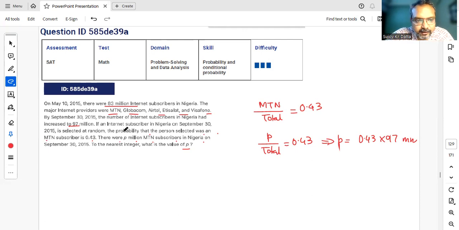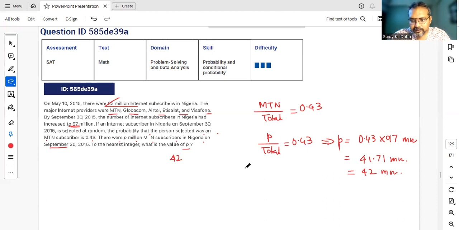The total is 97 million in September; they are talking of that only. We are not interested in 83, that's not important. So 0.43 times 97 comes to 41.71. They're saying the nearest integer, so this would be 42 million. That's the value of P, 42.